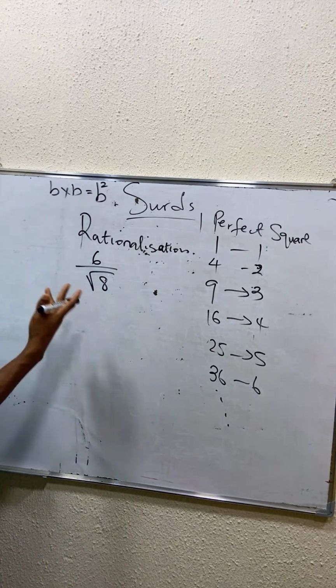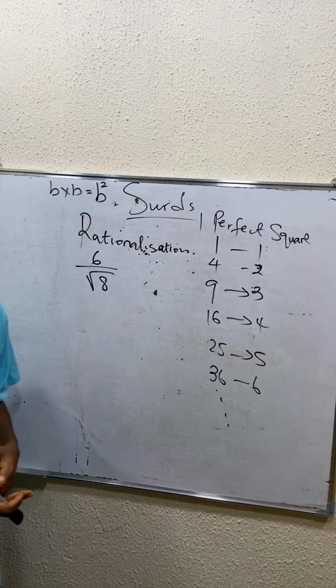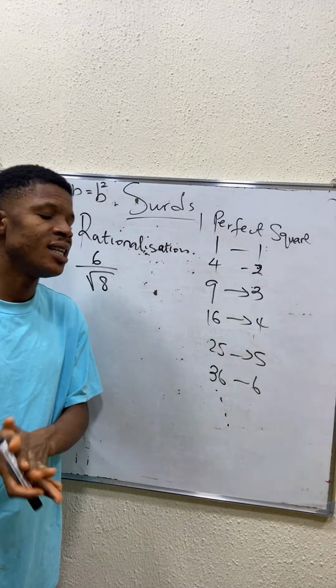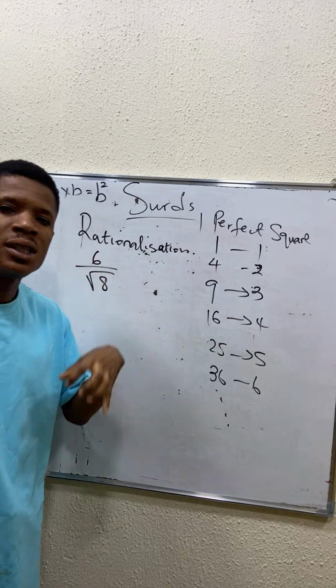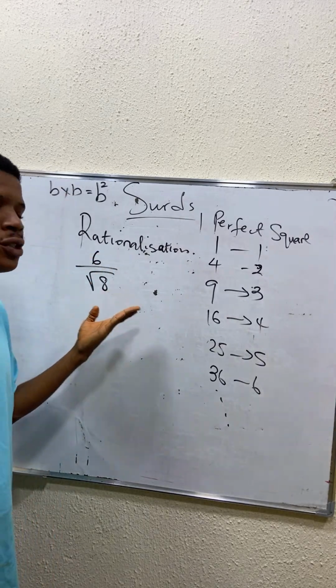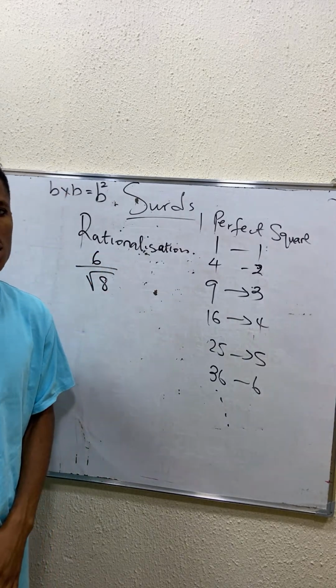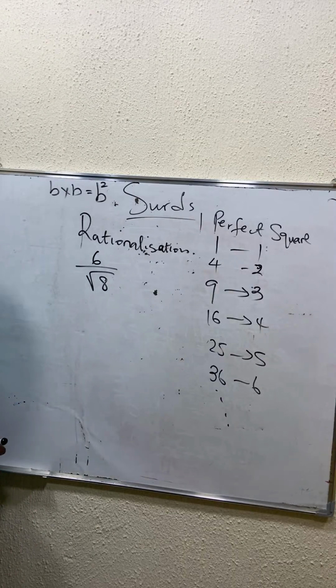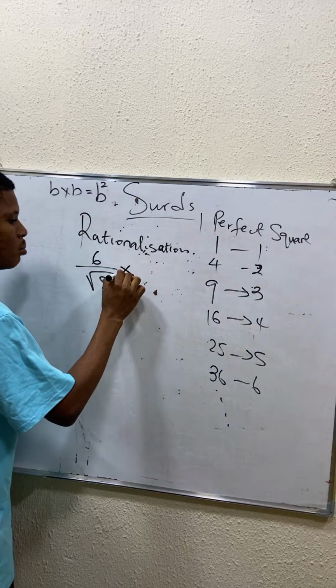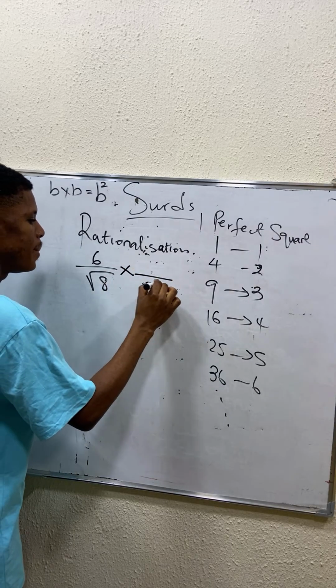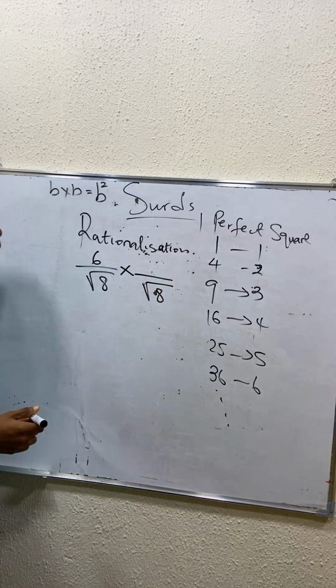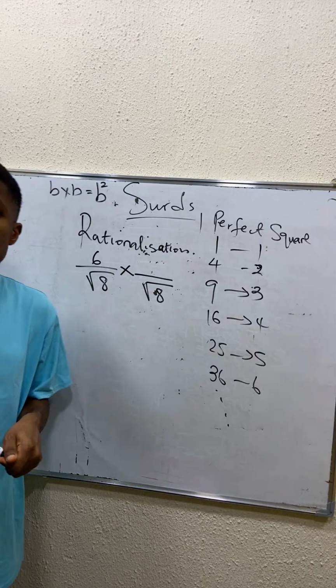To rationalize this surd, as I said earlier, our goal here is to make the denominator a rational number. How do we make denominators like this a rational number? It's very, very simple. We multiply the denominator by the same irrational part.